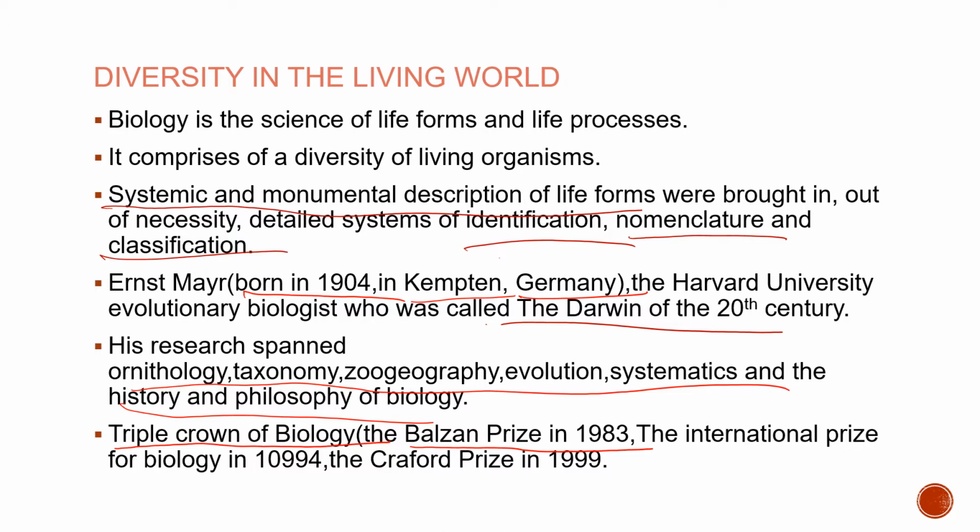Ernest Mayr died in the year 2004 at the age of 100 years. So this is all in brief about the diversity in the living world. It's an introduction. Let us see the next slide.